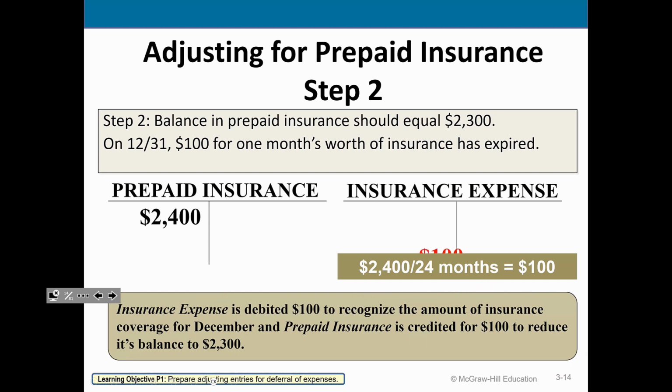We're going to actually take out that $100 from prepaid insurance, not cash, because we already paid the cash the first time. We do not pay more money than we need to. That's how you get fired as an accounts payable person or clerk. So then we're crediting prepaid insurance for $100 and we're debiting insurance expense. Exact same thing we did for prepaid rent, right?